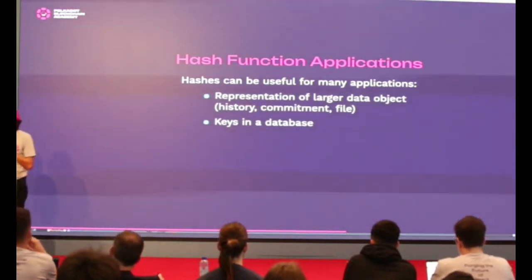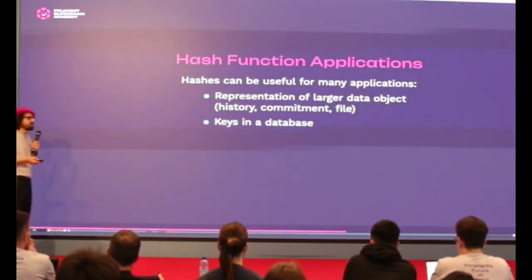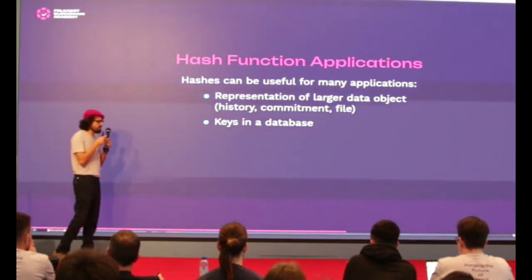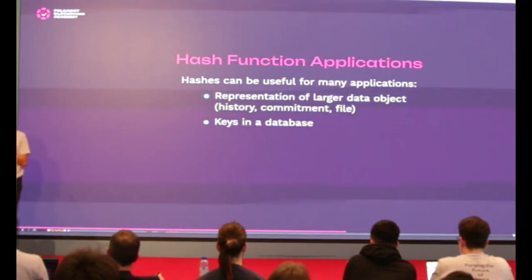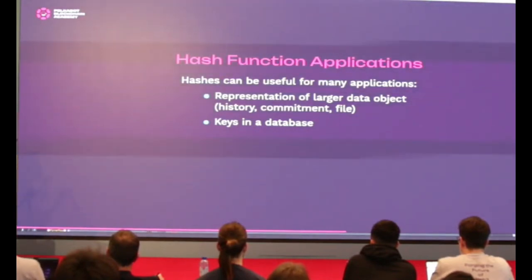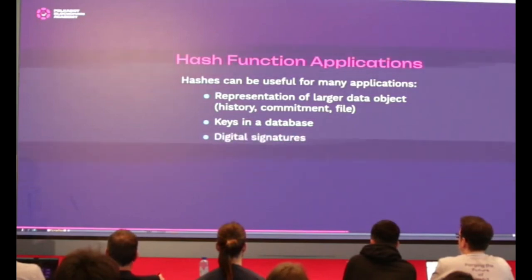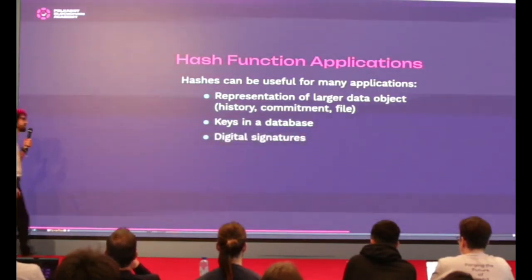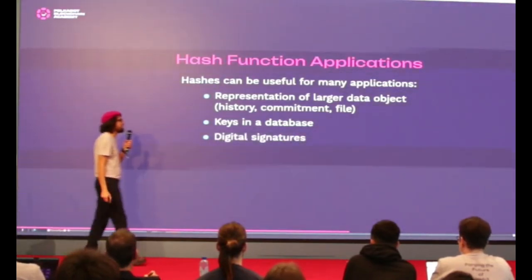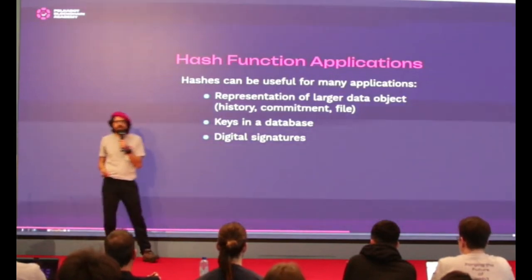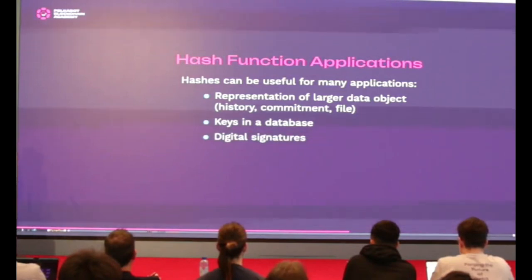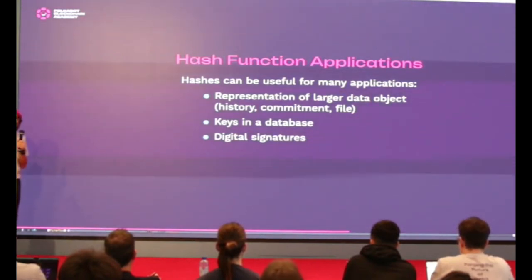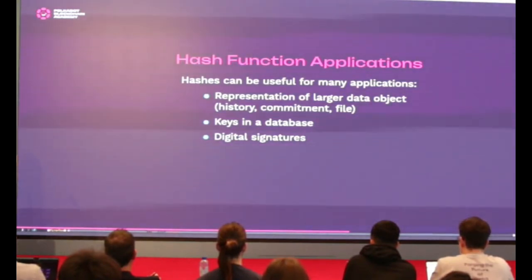We cannot index the database with the data itself, so instead we make a small key out of the data, and then we can search for that key in much faster time. When we find the key, we know it comes from that data, and I can retrieve the data. Digital signatures, we are going to talk about this, but instead of signing the whole huge data, I'm going to sign a representation of that data, which should cryptographically bind me to the fact that I signed the data itself.